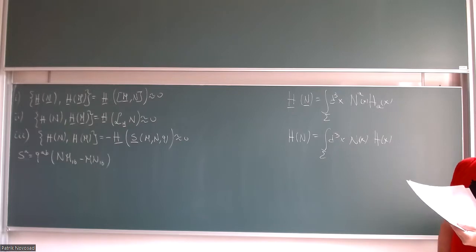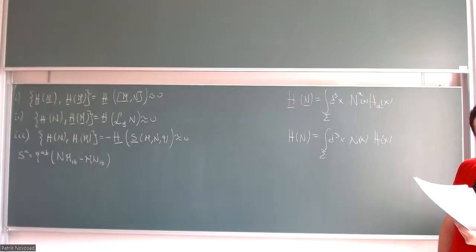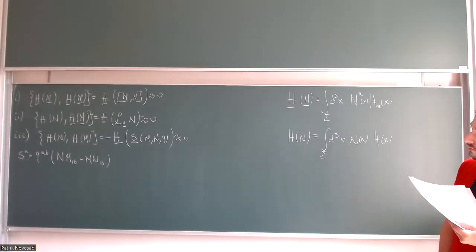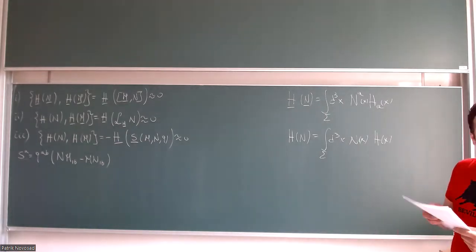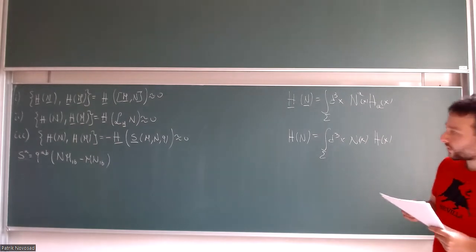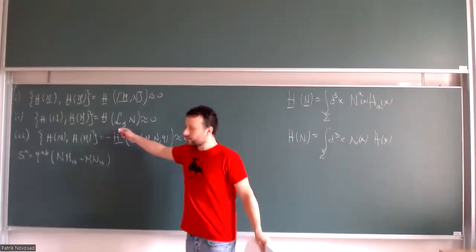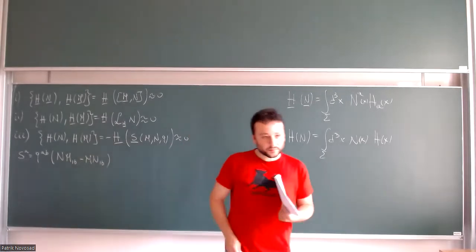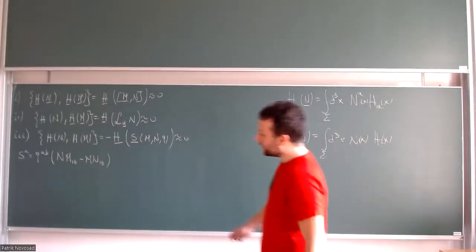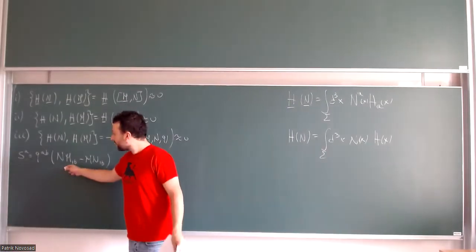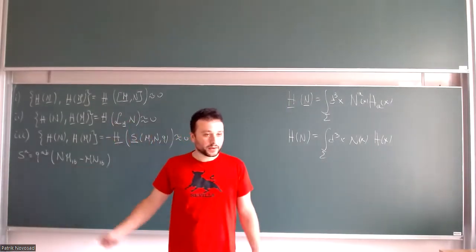Otherwise there would be lapse function and lapse vector, M and N, so there would be more choices. So is it a derivative or a vector? In the definition of S, yes, this is the partial derivative.